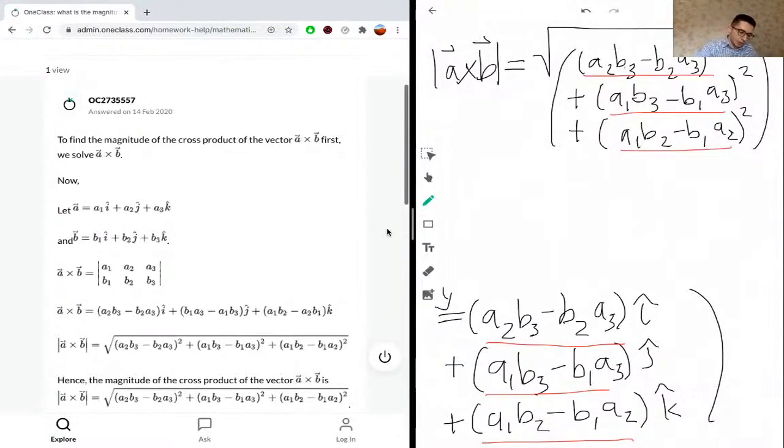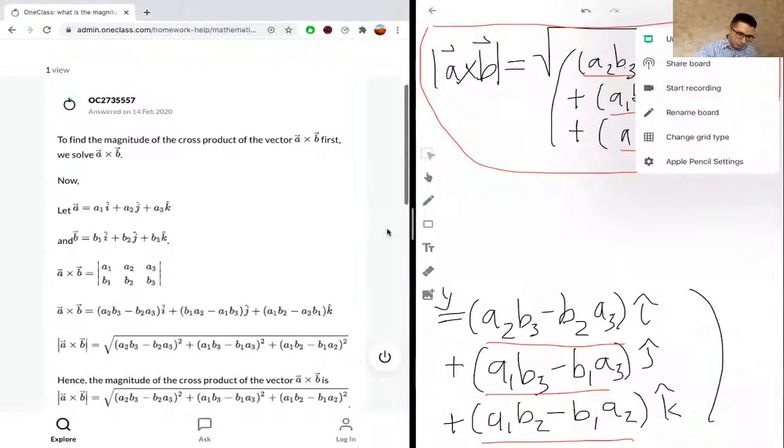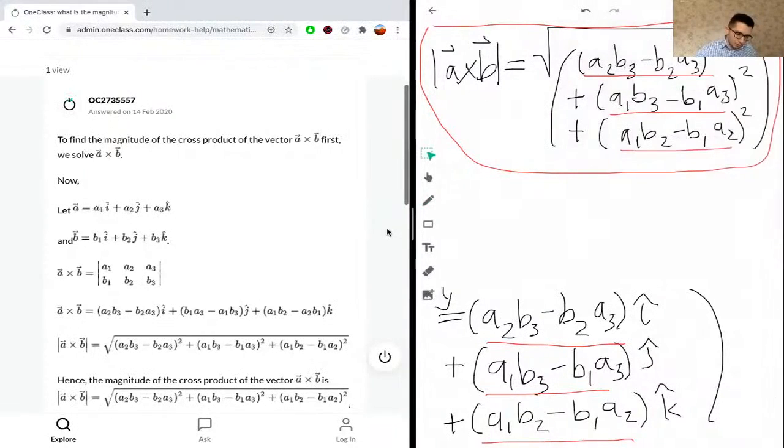And this equation right here gives us the magnitude. You don't see the top portion because of my face, so let me see if I can drag this down. Okay.